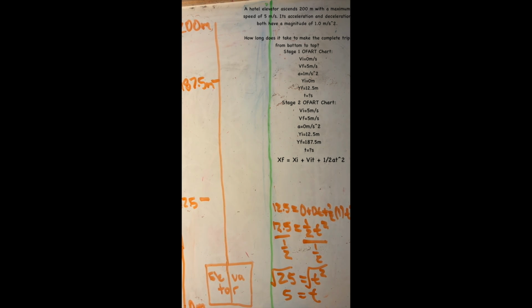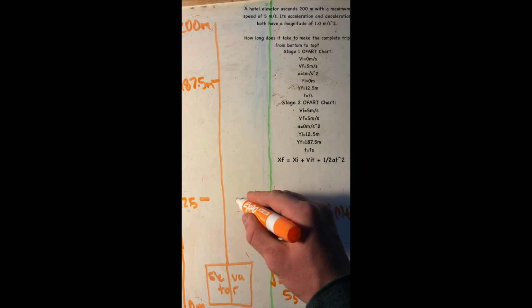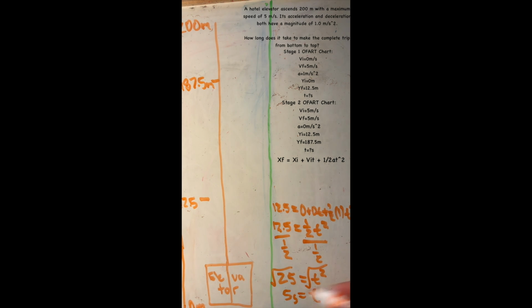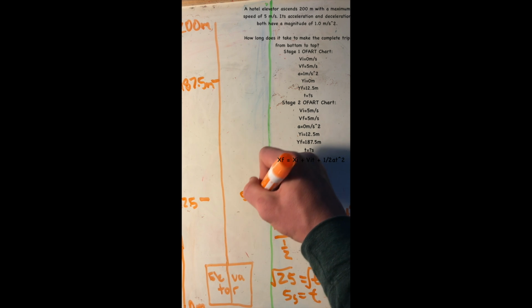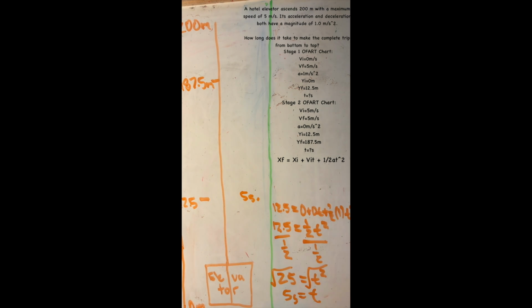Now, ordinarily, we would have another root right here, the -5 root. However, because we're dealing only in positive time right now, we don't need to count that root. So we're only using 5 seconds equals t right there. So between here and here, it takes 5 seconds for the elevator to reach full speed. So I'll write that down, 5 seconds for the elevator to get all the way up there.